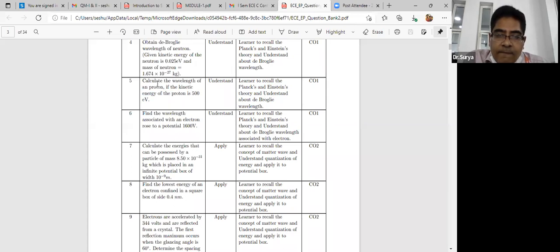So seventh question, calculate the energies that can be possessed by a particle of mass 8.50 into 10 power minus 31 kg, which is placed in an infinite potential box of width 10 power minus 9 meters.